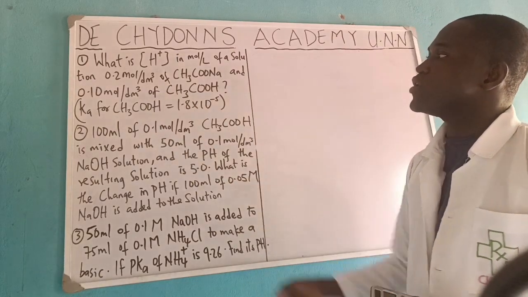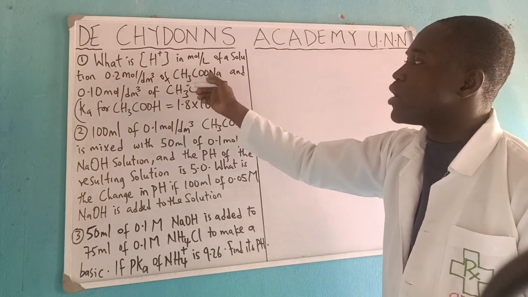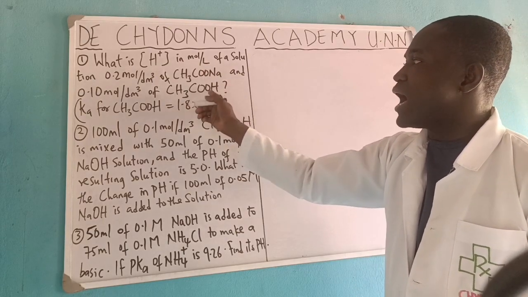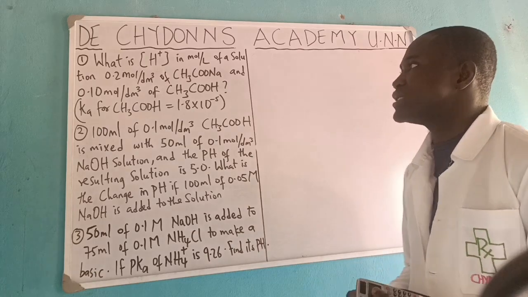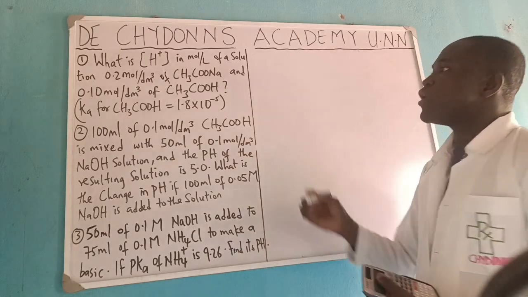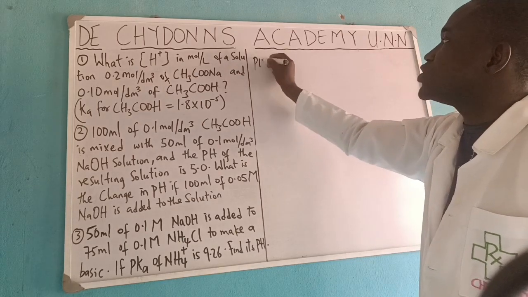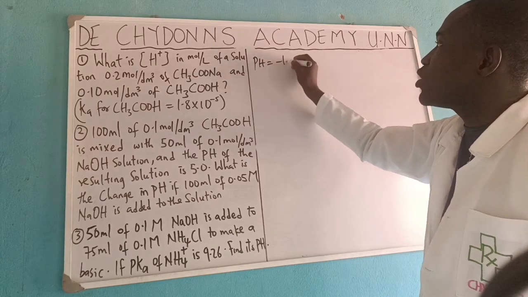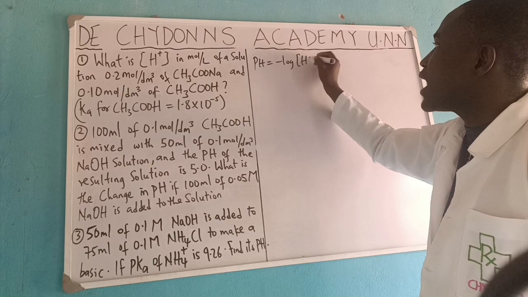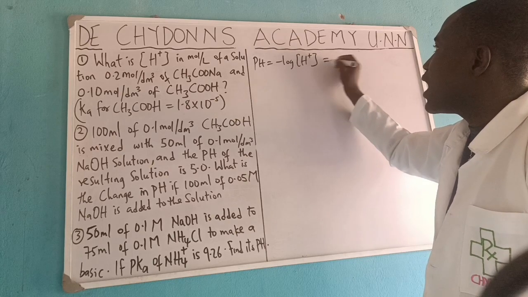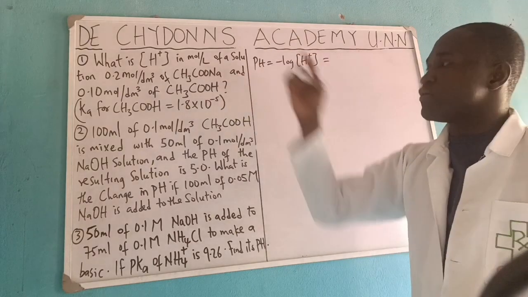They are telling you the concentration of the sodium ethanoate, which is the salt, and of the acid. Now, for you to solve it, they gave you the Ka. You tell them that pH is equal to minus log of what? Hydrogen ion concentration.